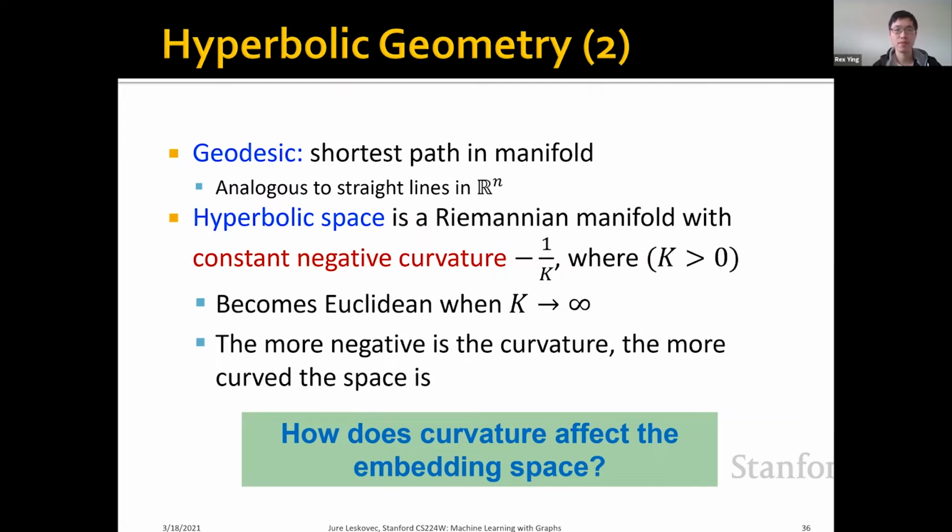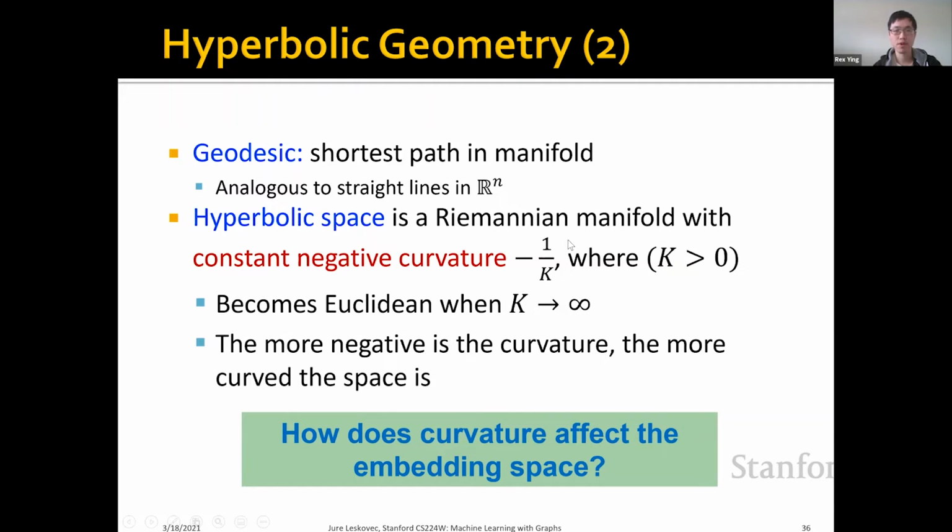And that's why we can say that there are infinitely many straight lines passing through the point that are parallel to a given line. The hyperbolic space is a Riemannian manifold with a constant negative curvature. Here we represent it as -1/k, where k has to be greater than 0. As you can see, when k becomes very, very large, the hyperbolic space curvature becomes very close to zero, and zero just means a flat space.